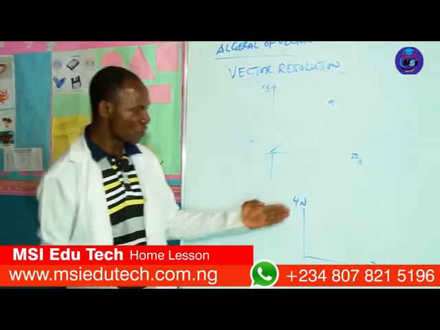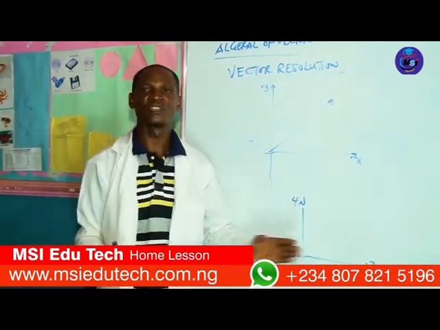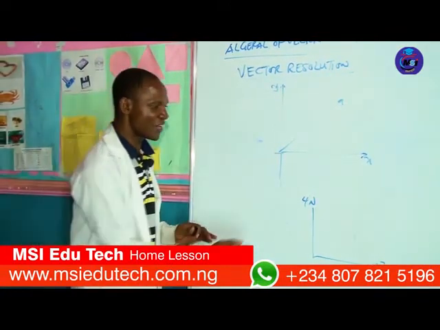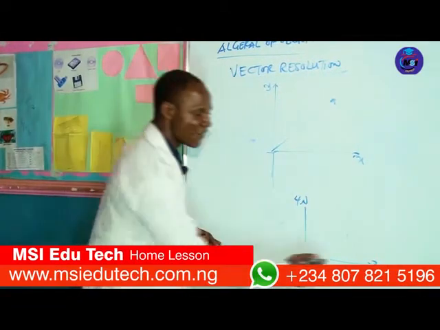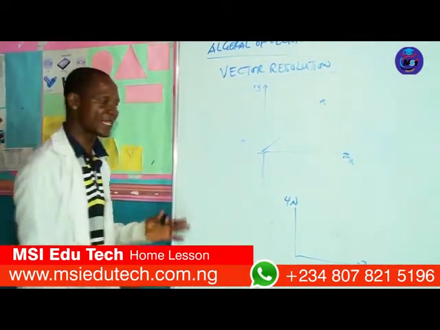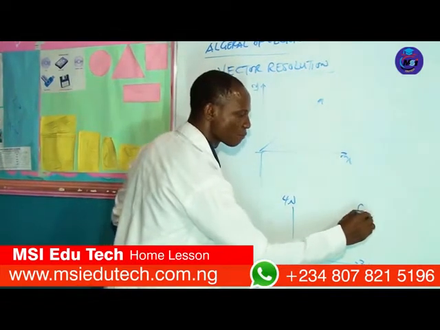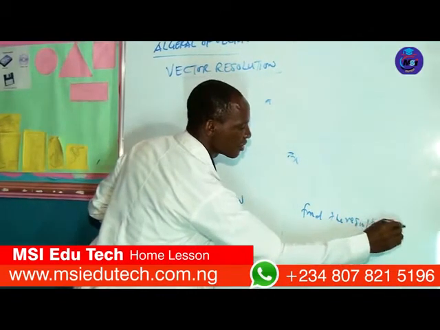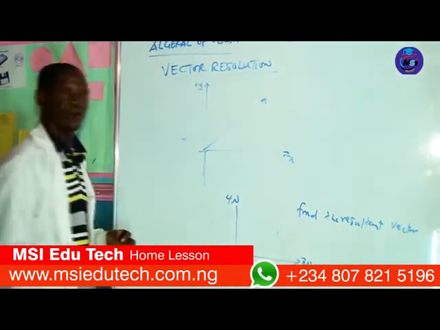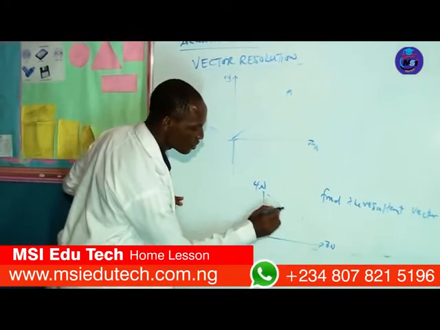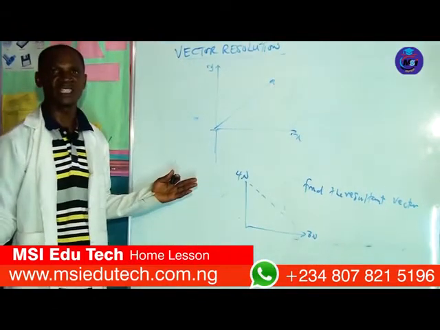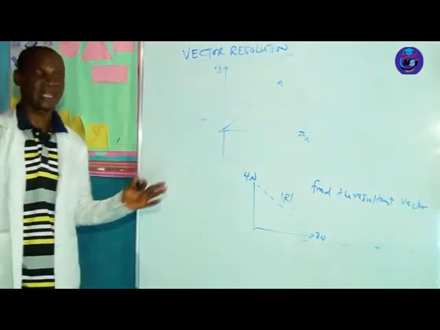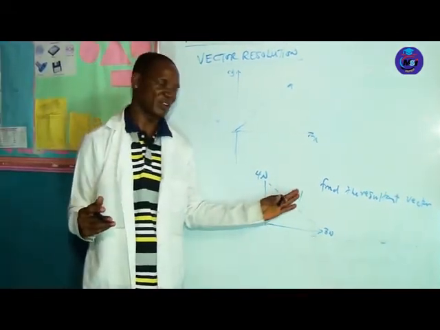But once you are given like this, you can calculate the resultant first. Take for example, this vector is 4 Newton, this vector is 3 Newton. I want to find the resultant vector. All you need to do is connect this place together. That will give us the resultant vector. Here is our resultant vector now, R. So apply your Pythagorean theorem.